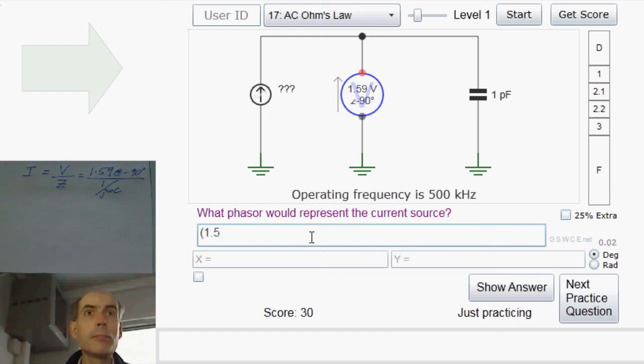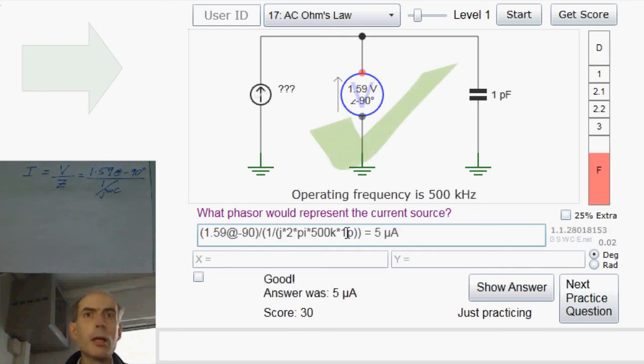Well, that would be 1.59 at minus 90 degrees divided by 1 over j omega c, which is j. I can just use j to represent square root of minus 1. Omega is 2 pi times the operating frequency, 500 kilohertz in this case, times c, 1 picofarad.